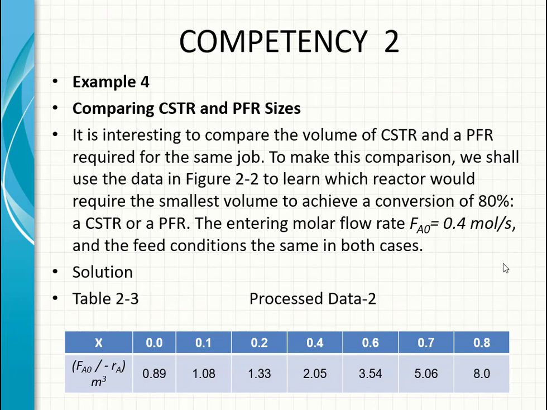So we have two rows here. In the first row, we have the conversion X going from 0.0 to 0.8. And in the second row, we have FA0 divided by minus RA, which goes from 0.89 to 8.